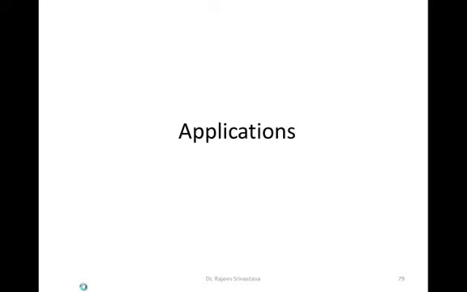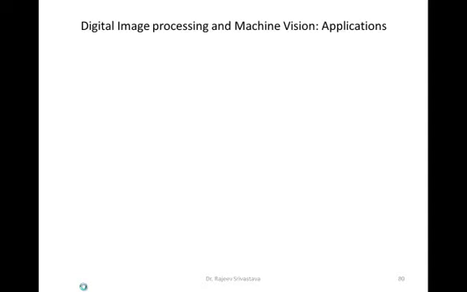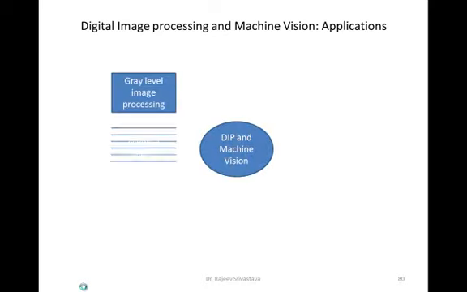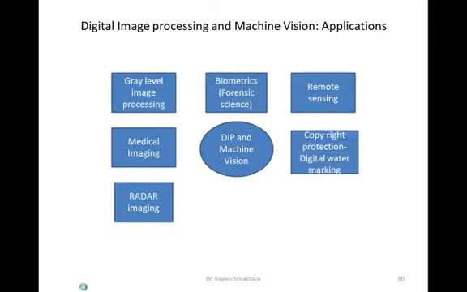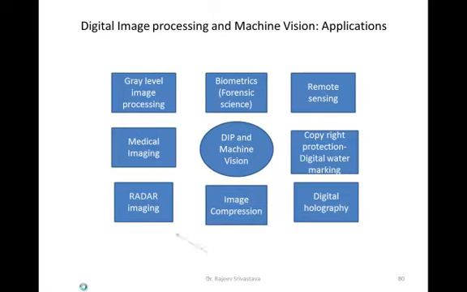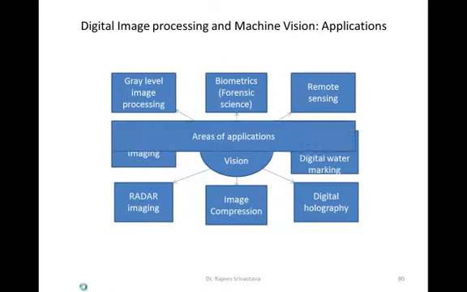Applications of digital image processing. Gray-level image processing, medical imaging, radar imaging, biometrics, remote sensing, copyright protection, digital watermarking, digital holography, image compression, and many more.